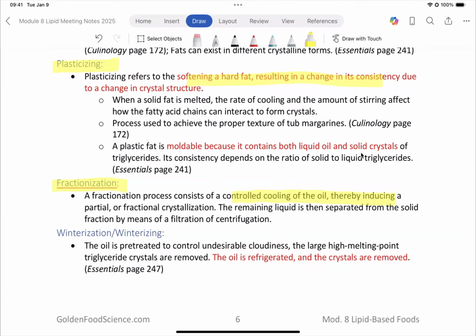If you were to separate those out, that would be fractionization, taking the different fats out depending on the percentage of saturation. They can do that with a centrifuge. That's called fractionization.